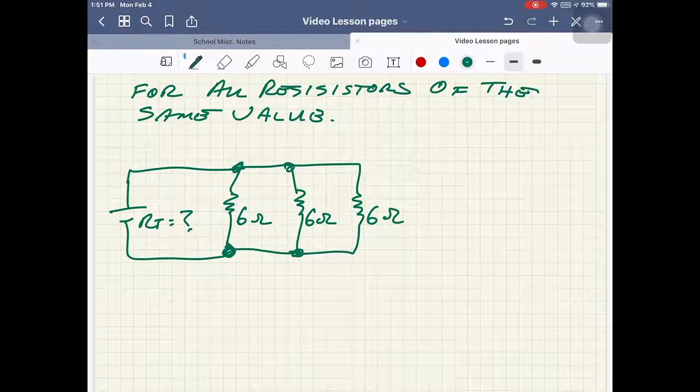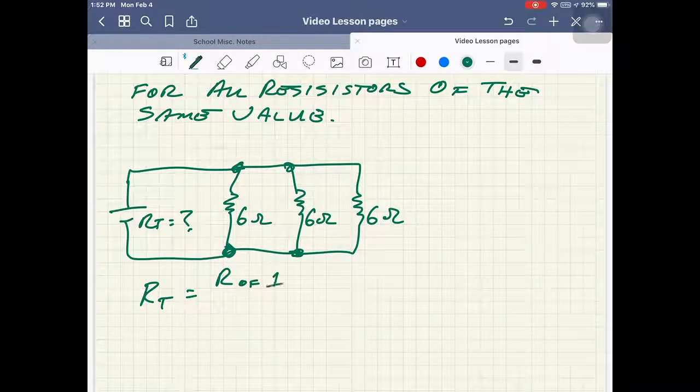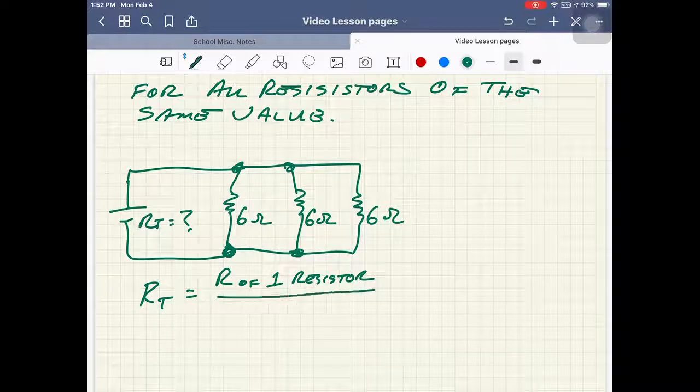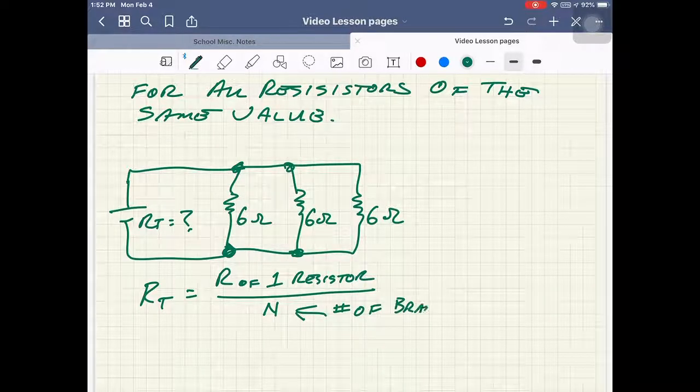So this one's pretty simple. The formula is RT is the R of one resistor divided by N, which is the number of branches or resistors that you have of that same value. So here we have 6 because that's the individual resistor.